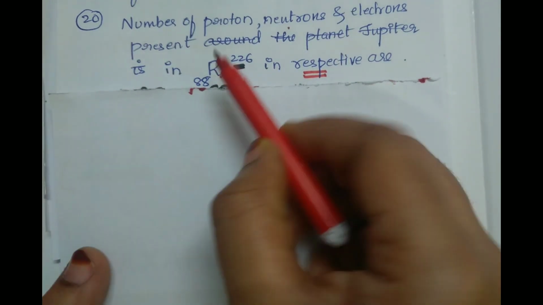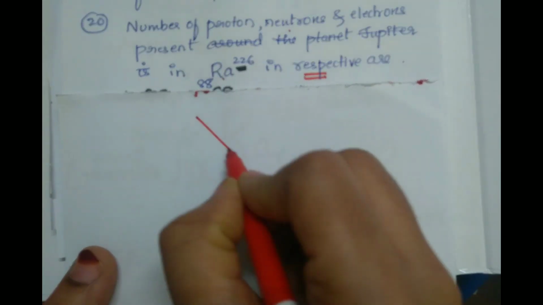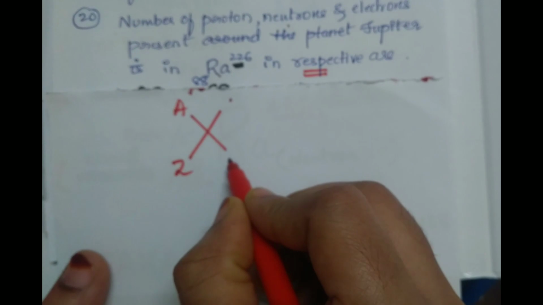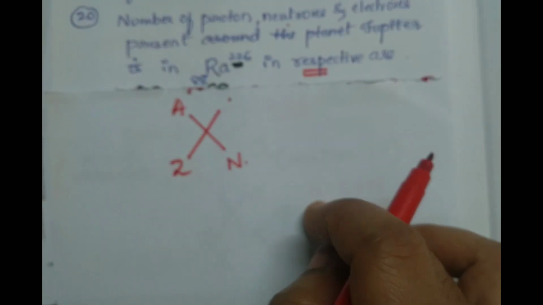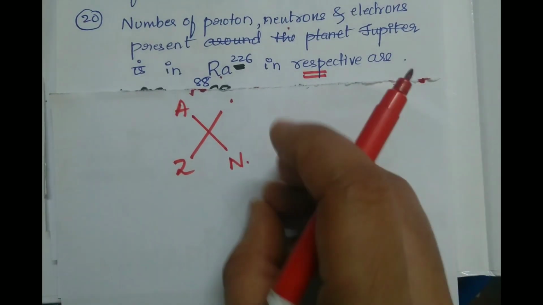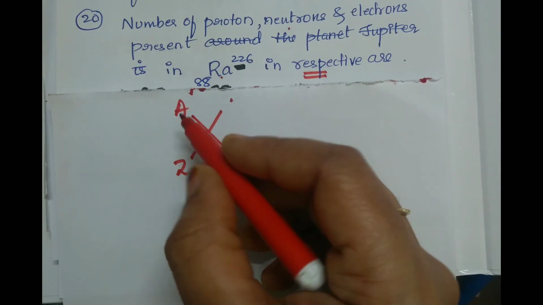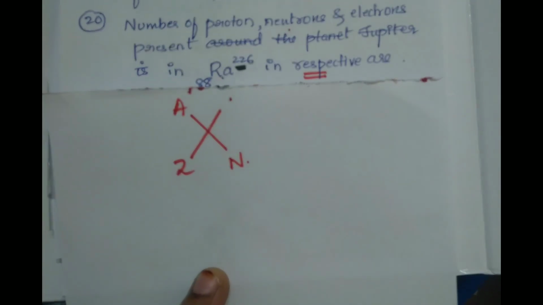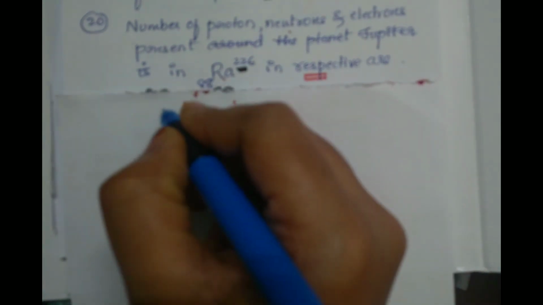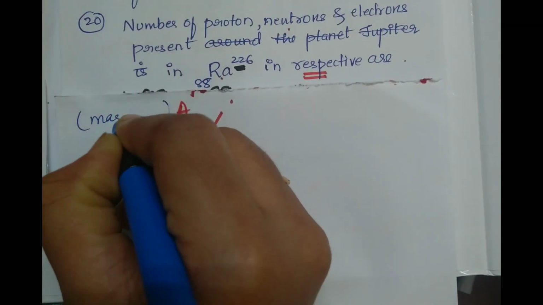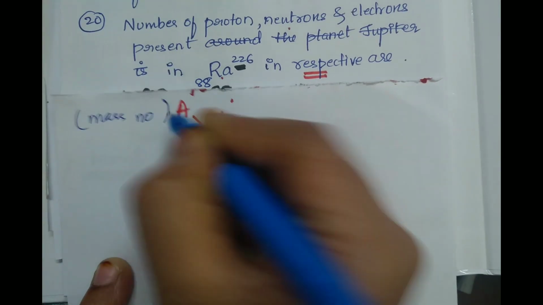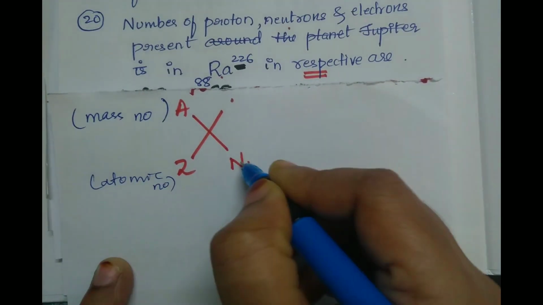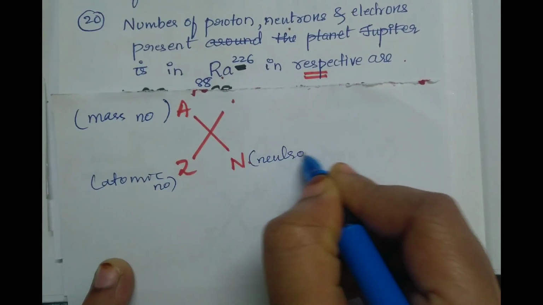You need to know that an atom is represented as X with A, Z and N. Here A represents the mass number, Z represents the atomic number and N represents the neutron number.